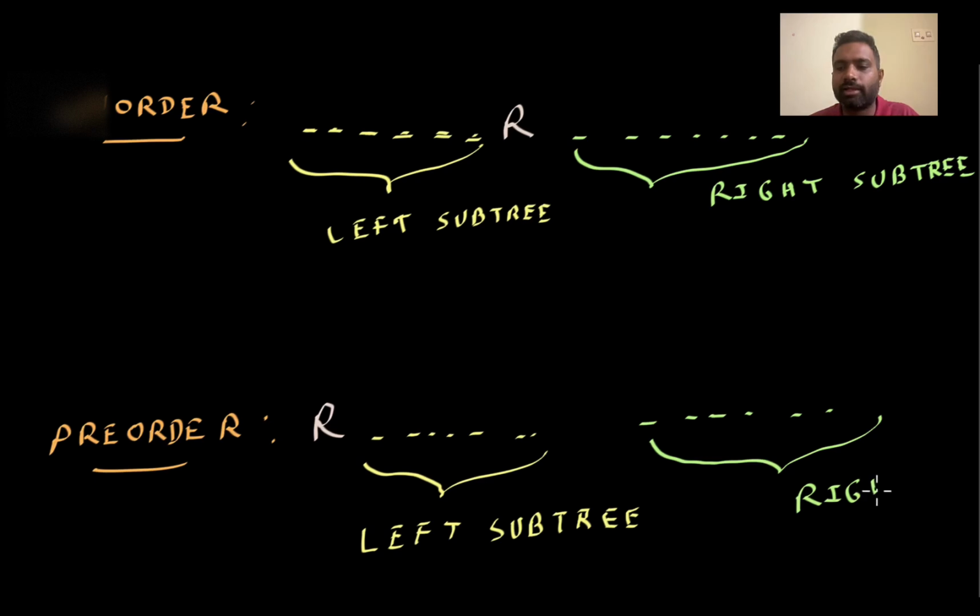So given any in-order and pre-order traversal, it will be easy to identify the root node, right? Because the root node will definitely be the first node itself in the pre-order traversal.